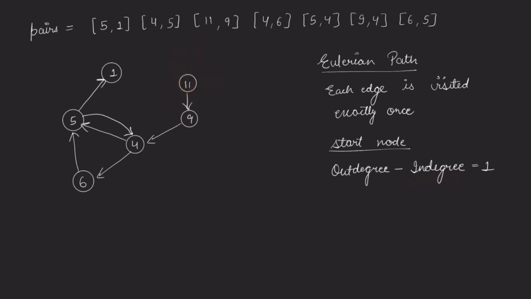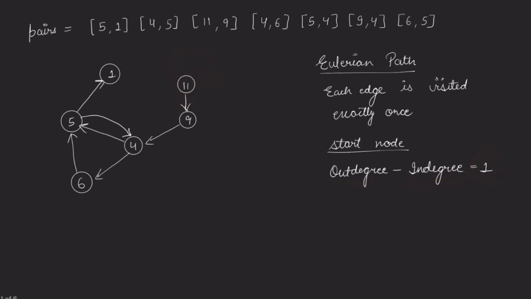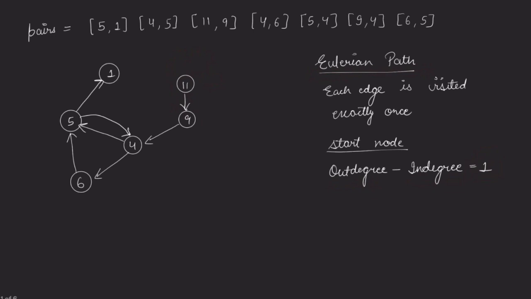For whichever node the difference between out degree and in degree is 1, that is the starting node in our Eulerian path. In this case, for node 11, its in degree is 0 because no edge comes into 11, and its out degree is 1 because there is only one edge coming out of it. So 1 minus 0 is 1.